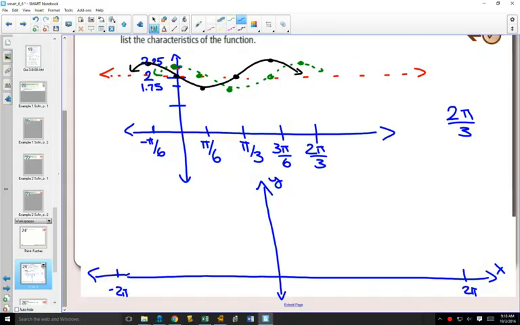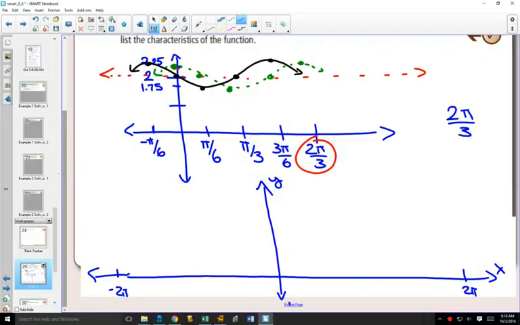How does this scale relate to the scale that we drew to start with? Notice that when we started to draw a graph, we marked 2 pi over 3 on our graph because that was one period. So now, where would 2 pi over 3 match up along here?